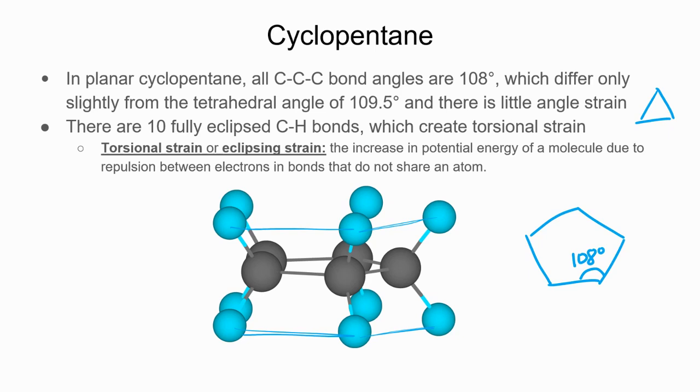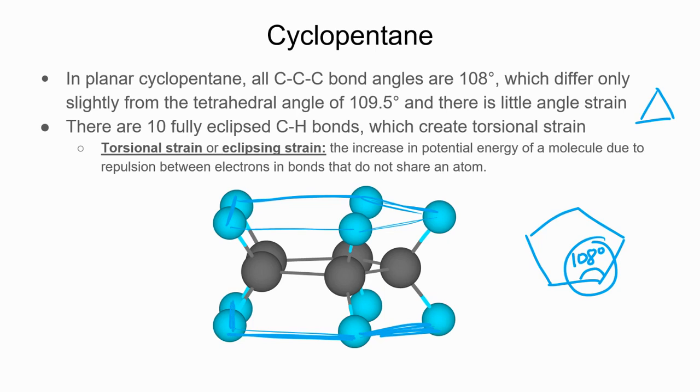It twists, or I think of it as contortion, right? It's twisting to fix this. It's going to want to twist a little bit to fix all of this eclipsing, because this eclipsing of all these hydrogens is just too much. So ring strain was better because we've relieved the bond angle, to 108, but we've picked up some torsional or eclipsing strain along the way.